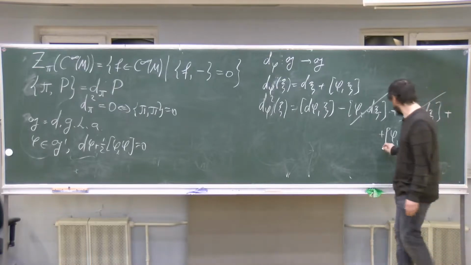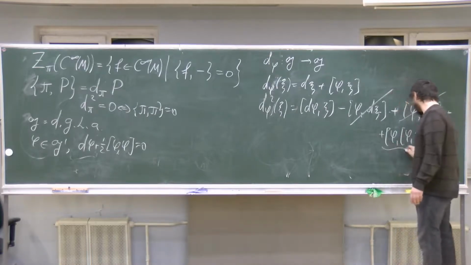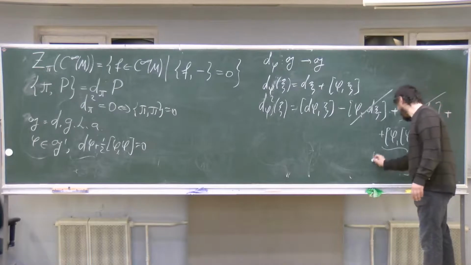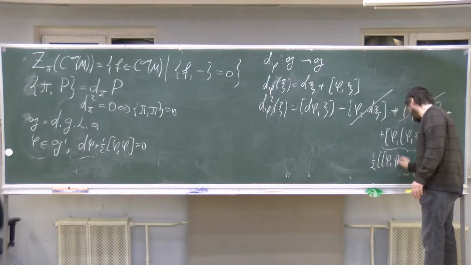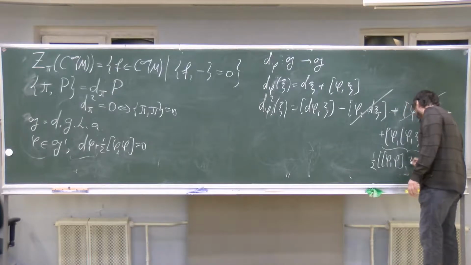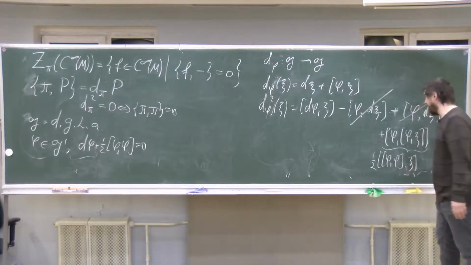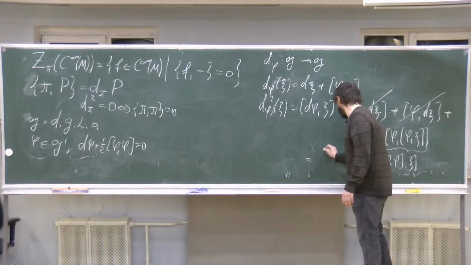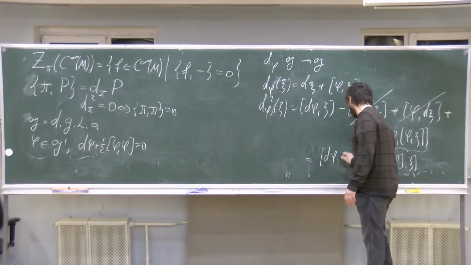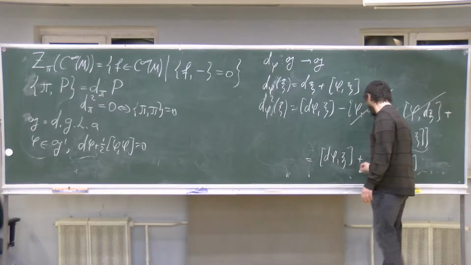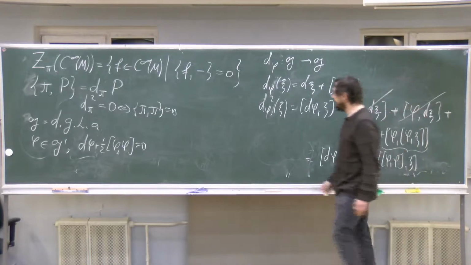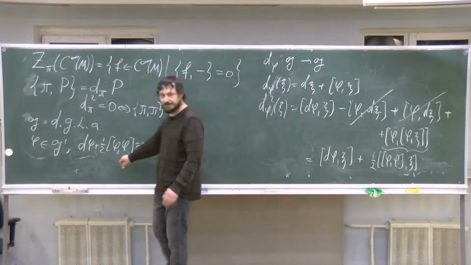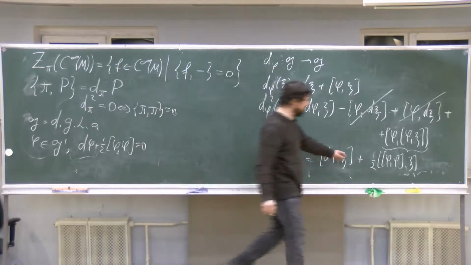Now this term, according to the Jacobi identity, is equal to 1/2 of the bracket of phi, phi commuted with psi. Now if we add the first term to it, and recall that phi is a Maurer-Cartan element, we see that it actually vanishes.